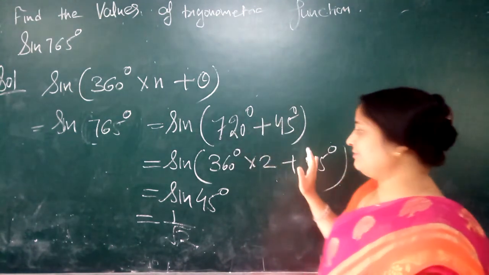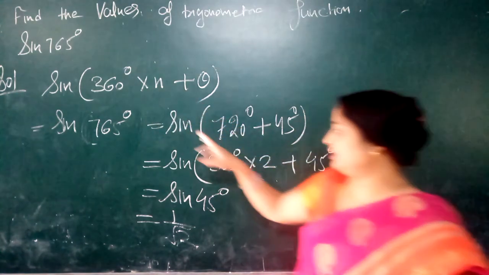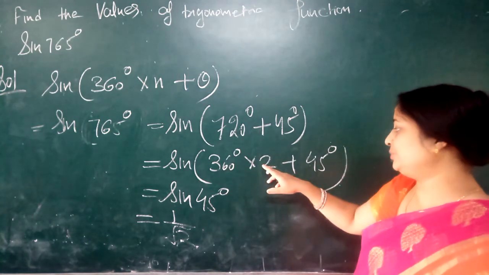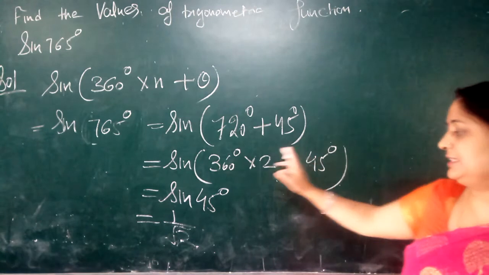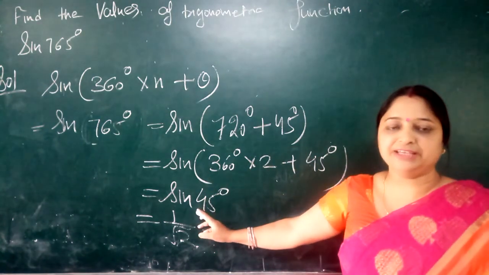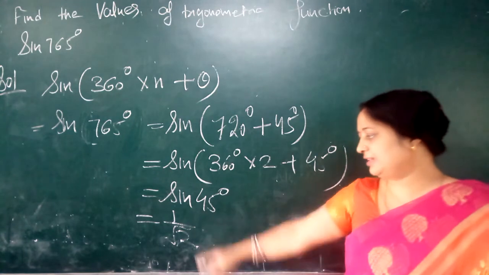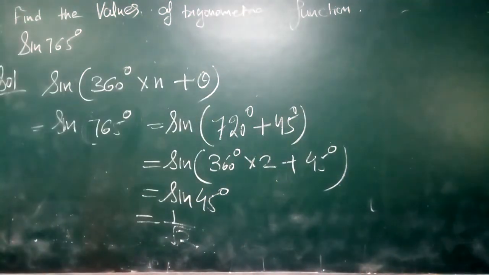Now 45 is the angle. Divide 720 with 360, so it will come 360 into 2 plus theta. The value of sine 360 into 2 plus theta is sine 45 degree, and then it will come 1 by root 2. Similarly, we will find out the next question.